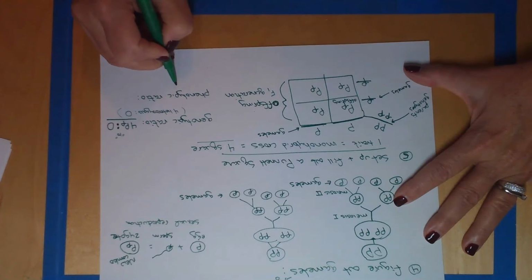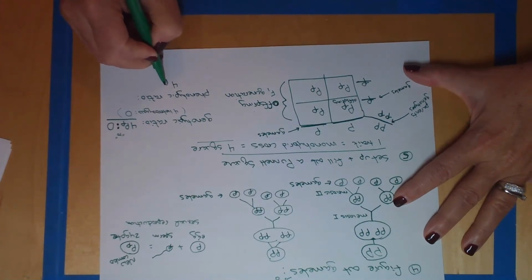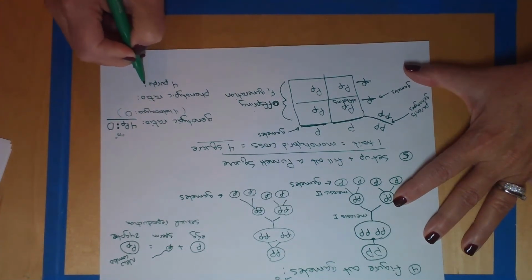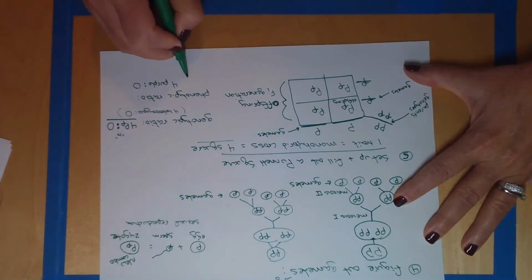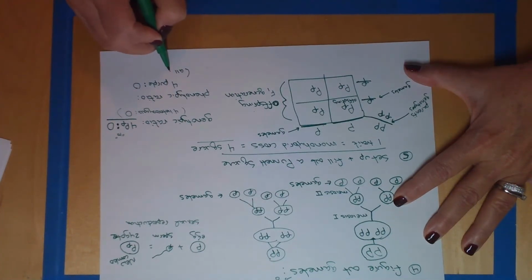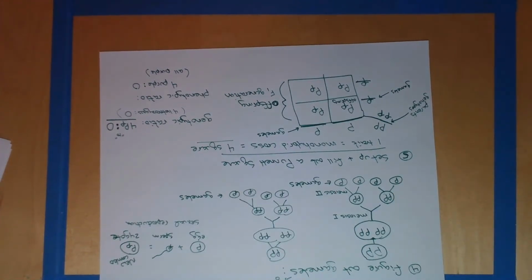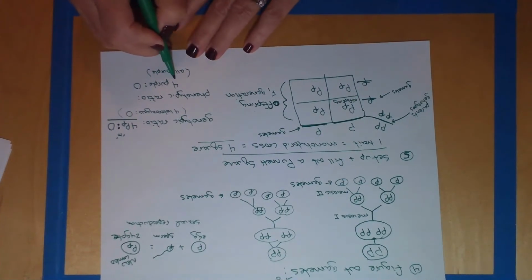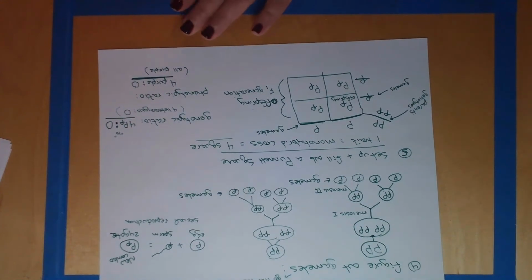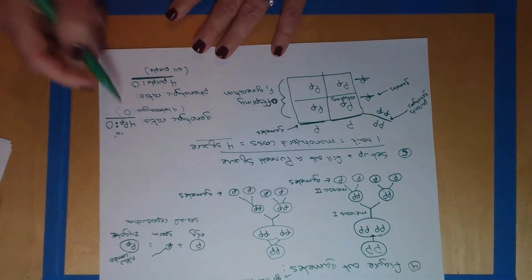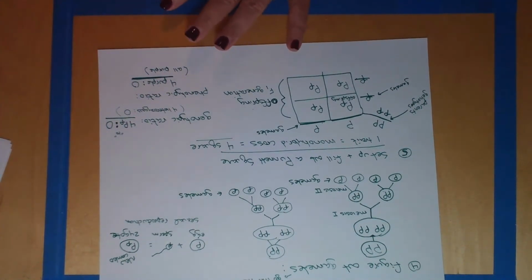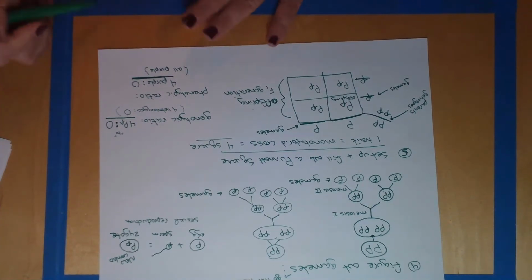They are all purple, so we could say 4 purple to 0, or you could say that they're all purple, or you could say that they're all homozygous dominant. Okay, so it gets a little crazy. But just remember, keep it simple, and I always just put everything in a ratio form because that's just the habit of that.